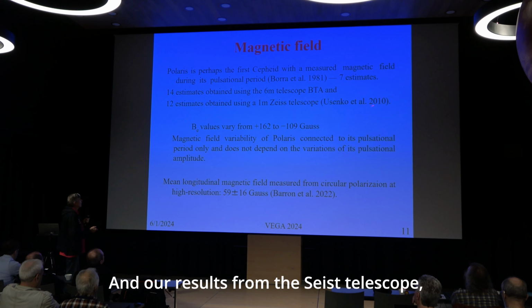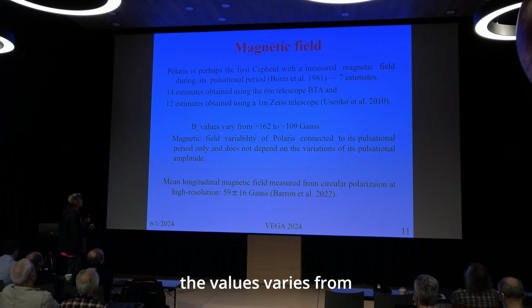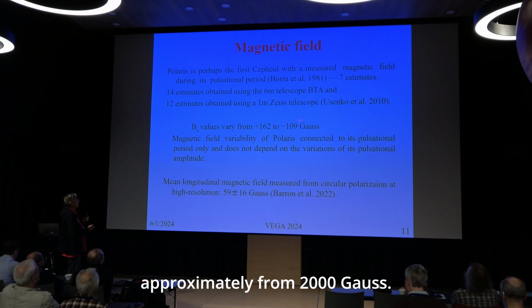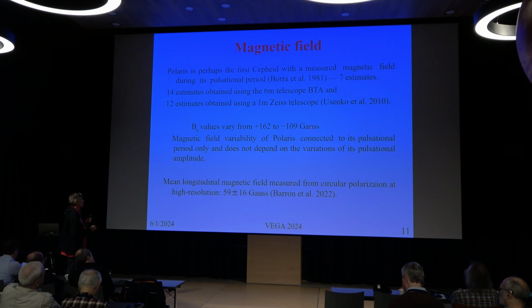And in our results from the Zeiss telescope, the values vary approximately up to 2000 Gauss.